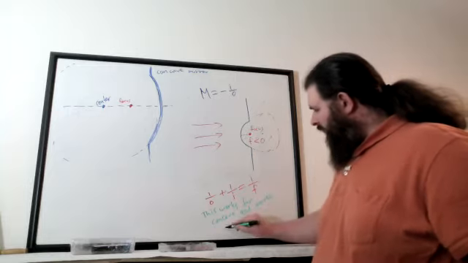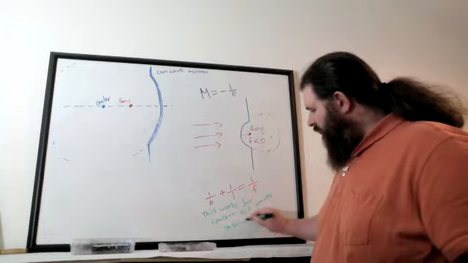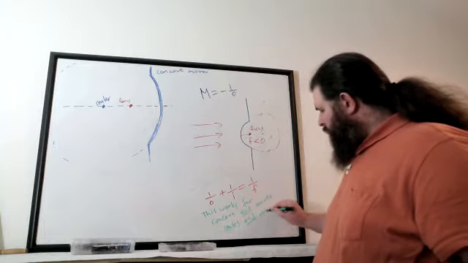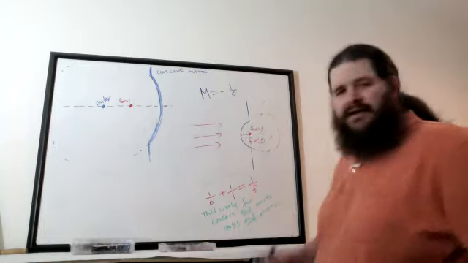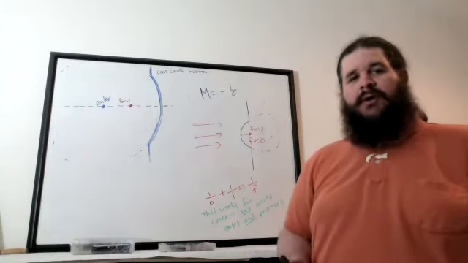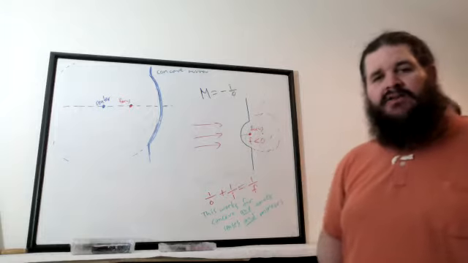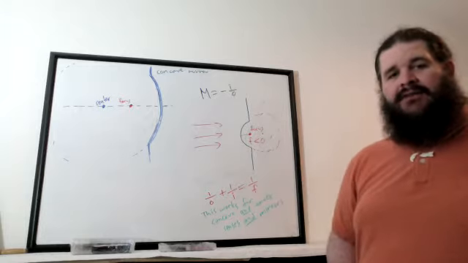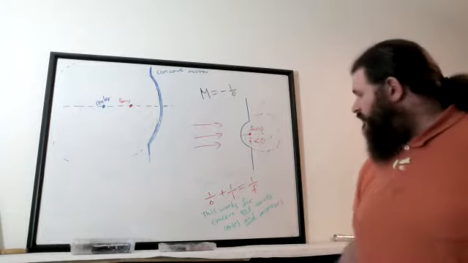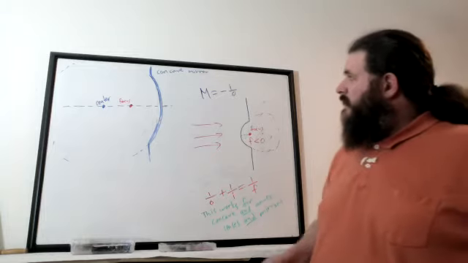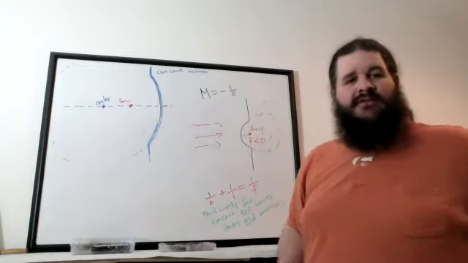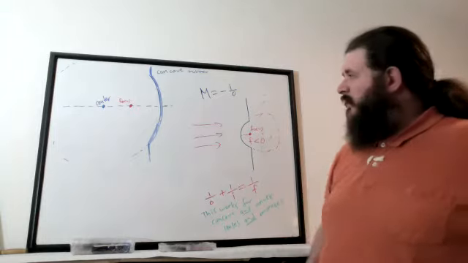It's really convenient because you can just use this one equation for both types of mirrors and both types of lenses. No modifications needed. You just got to be very careful about how you keep track of the positive and negative signs.